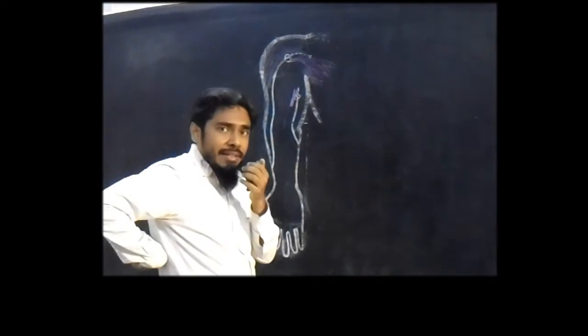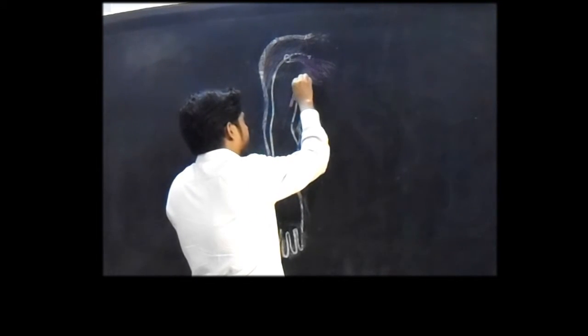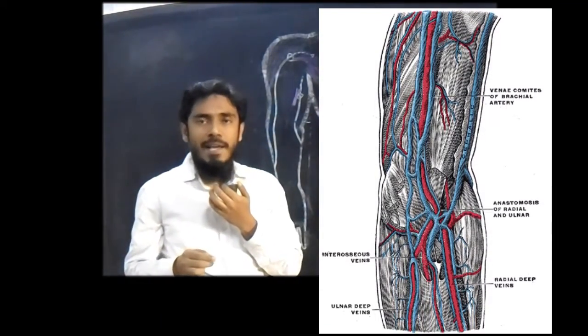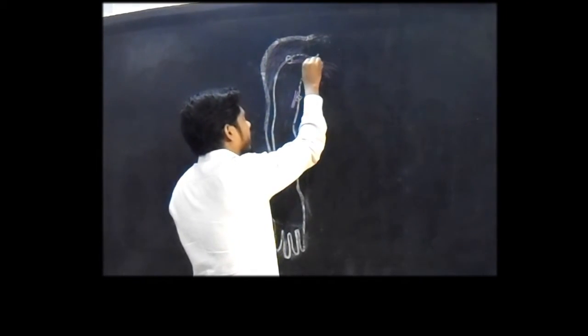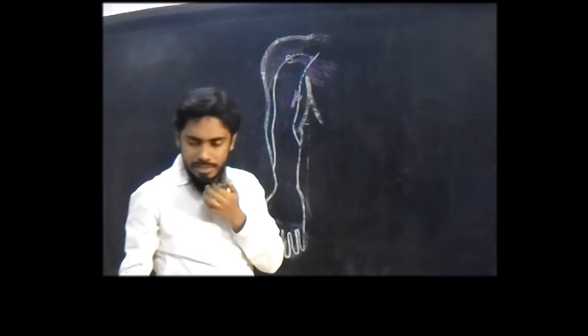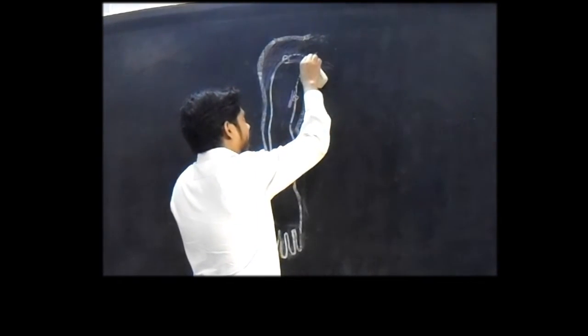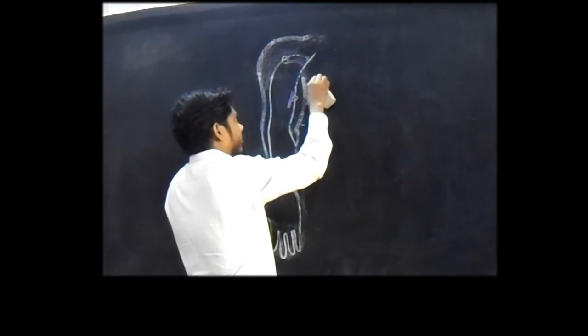Then at the lower part of the teres major muscle, it is the muscle of the back. Okay, so at the lower part of the teres major muscle, this basilic vein will unite with the brachial veins, the veins which remain as the venae comitantes of the brachial artery, and form the axillary vein. Actually this axillary vein goes behind the pectoralis major, but here I am not telling about the muscle, I am telling about the veins.